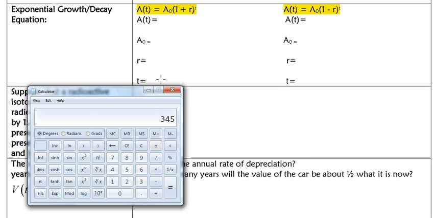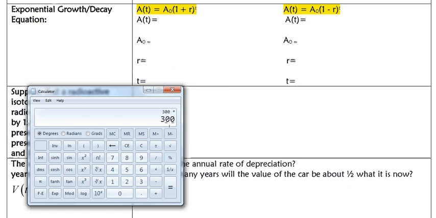Now, rather than finding out how much is growing and then adding that into the original amount, the reason we've got 1 plus r being our rate of growth is because we can do it all at the same time. What's going on here is 300 times 115%, because the 1, the 100%, is the original amount, plus the rate.